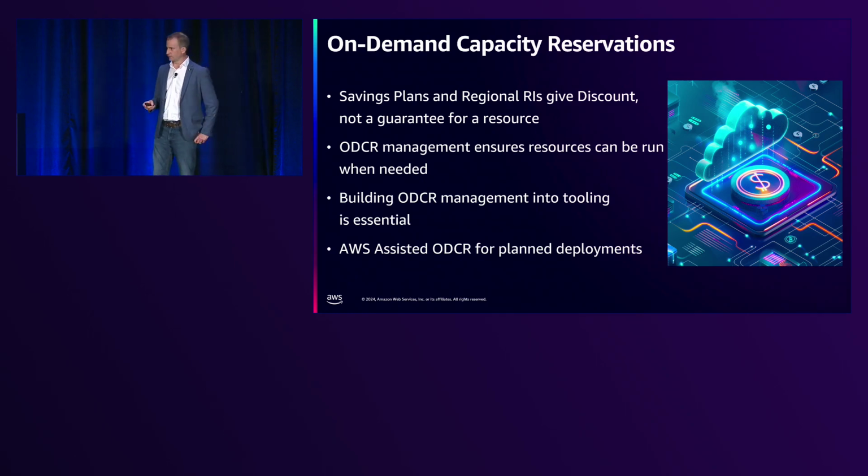So in-life operation, I would call it, you have a lot of static stability. The servers are generally running. The key thing, though, is that maintenances can and will occur, meaning that at some point, someone will have to stop one. And having a good method of managing on-demand capacity reservations is the way to do it.